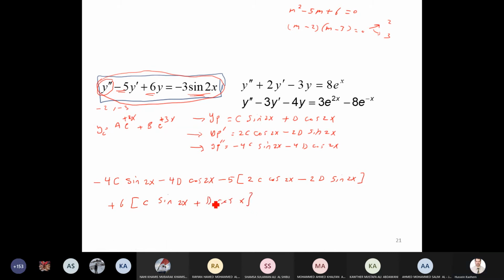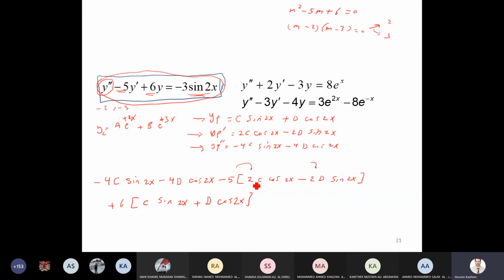Okay, did I forget anything? I forgot the 2 here, right? Make sure you don't forget or miss anything. Now this minus 5 will be multiplied by here and here, right?